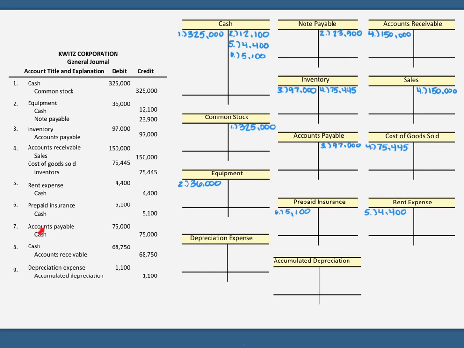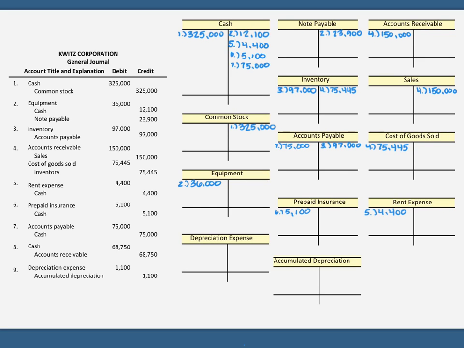Number 7, we have accounts payable, $75,000, cash, $75,000. So accounts payable is being decreased with a debit, $75,000. And we are also decreasing cash with a credit, $75,000.